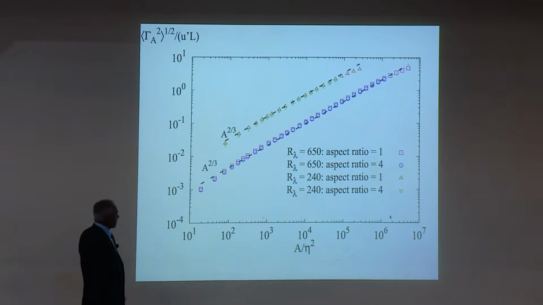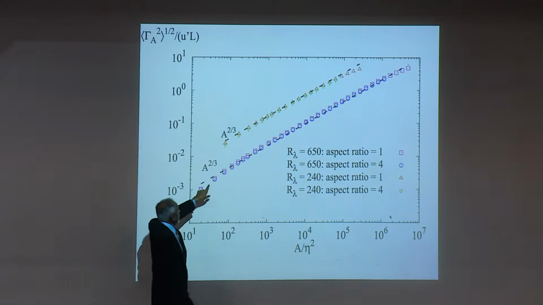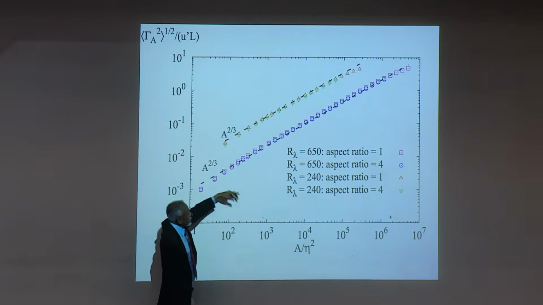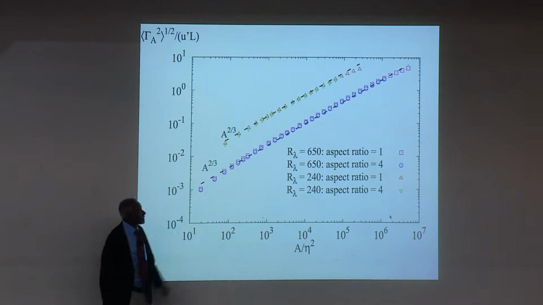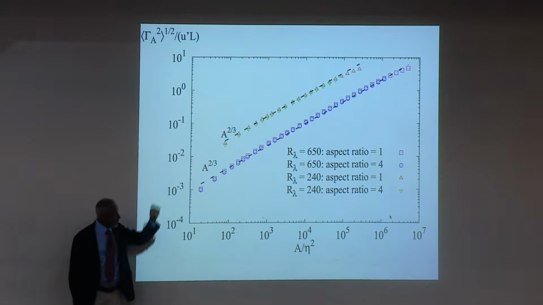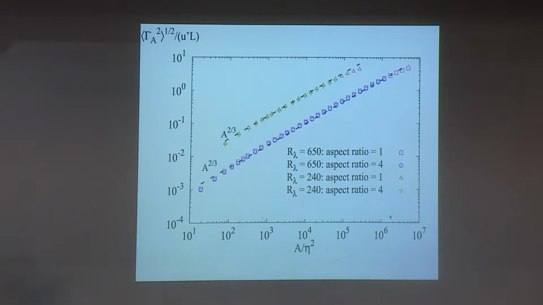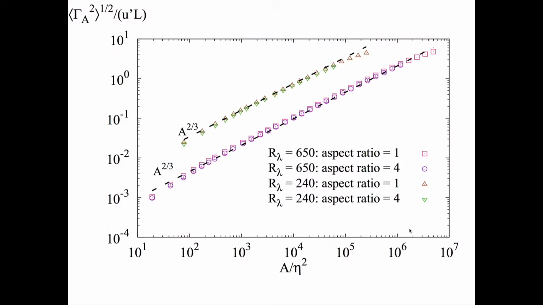Now what you see is that, in fact, the numbers are essentially independent of the aspect ratio. 1 and 4 give you the same thing. Of course, it changes a little bit with the actual magnitude, but the scaling is also the same.